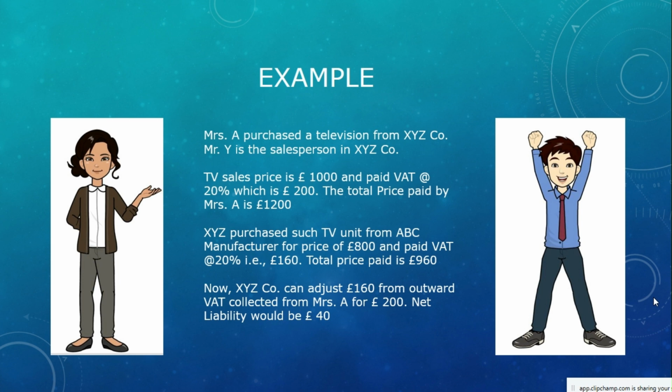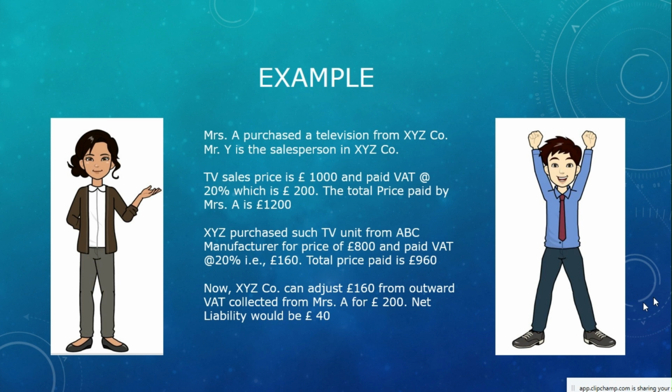However, if you are a business unit, which is XYZ company in our example, procuring goods or services and selling those goods, to different customers or to other business houses, in that scenario they can adjust whatever input VAT they paid at the time of purchase.